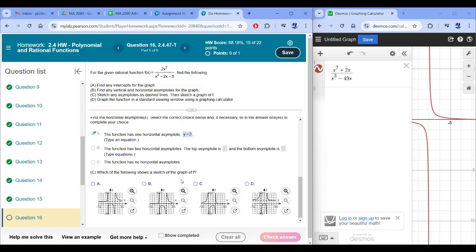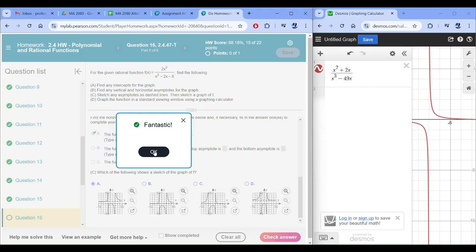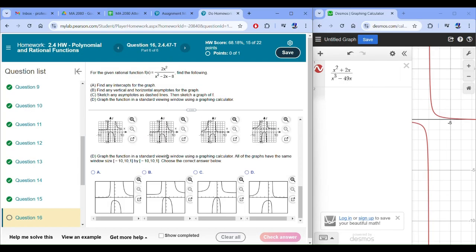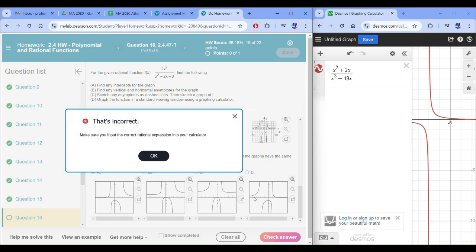Let's keep going. So which one would this graph look like? Y equals 2 is going to be positive, and I don't even remember what the numbers were. Maybe. Sure. But I think you guys get it. Now if I were to draw this on a calculator, what would it look like in the calculator? In a negative 10 by 10 by negative 1 window. I'm still thinking it's this one.